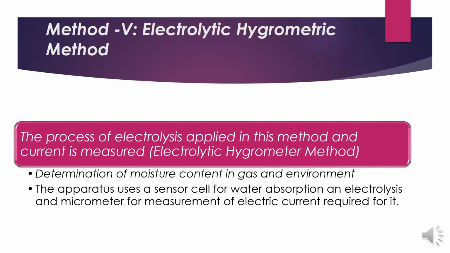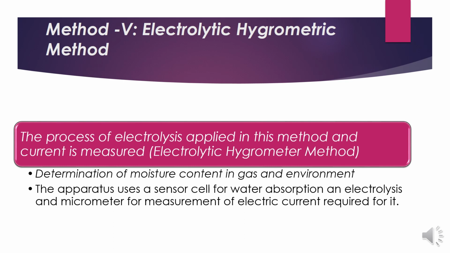The apparatus uses a sensor cell for water absorption and electrolysis, and a micrometer for measurement of the electric current required for it. So a sensor cell and the micrometer are two important parts of this electrolytic hygrometer.